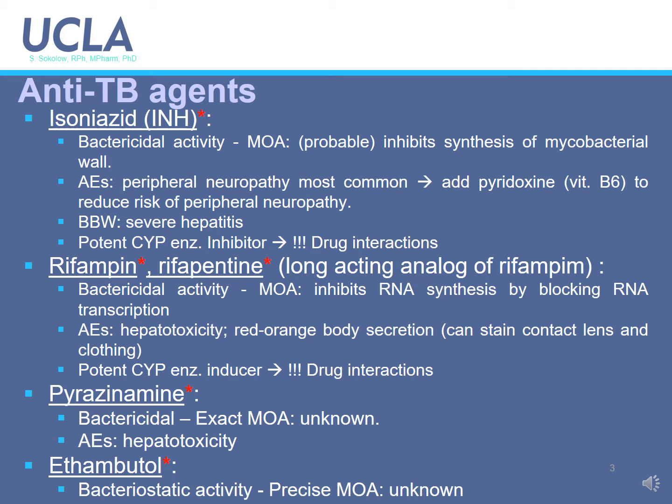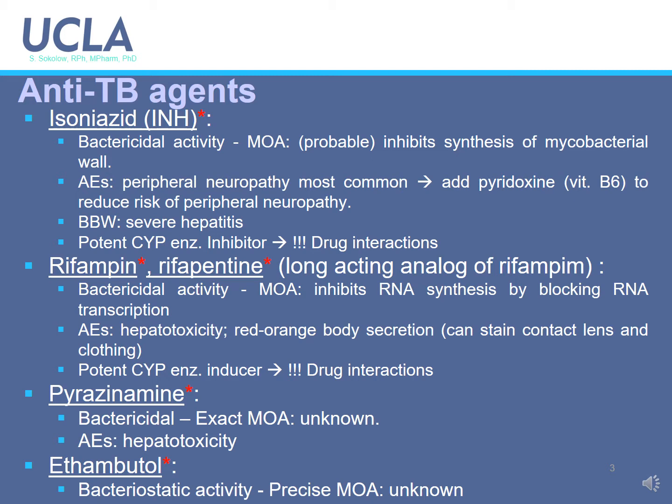And one thing that you have to be aware of is that it can stain contact lens and clothing, because it can cause red-orange body secretion. So if a patient is complaining that they see orange in their contact lens or on their clothing when they sweat, it's because of rifampin or rifampicin.